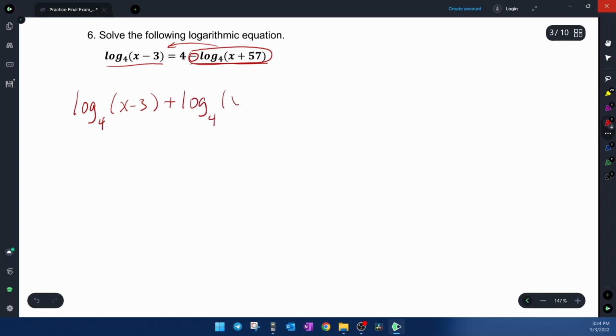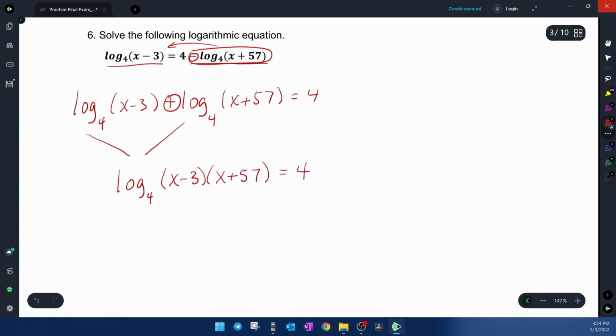Log base 4 of x plus 57 equals 4. And now the 2 logs become 1, and we're using the product rule because we have a plus. Plus turns into multiplication. So the x minus 3 and the x plus 57 get multiplied. Again, that is the product rule.